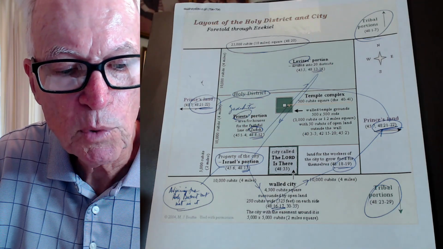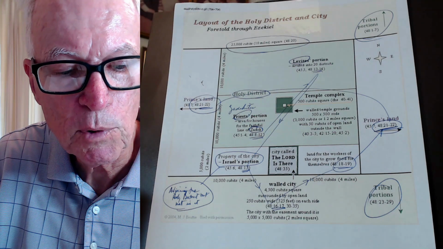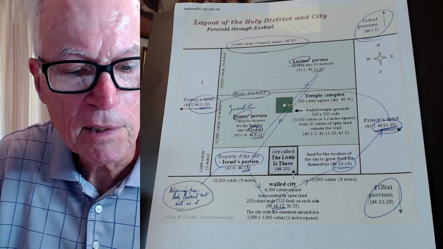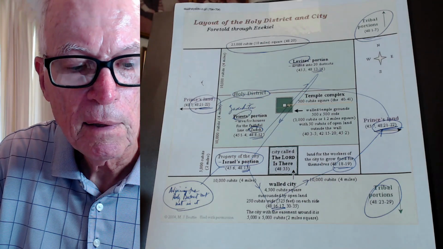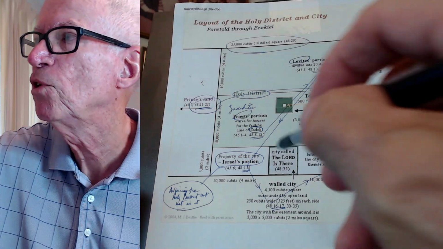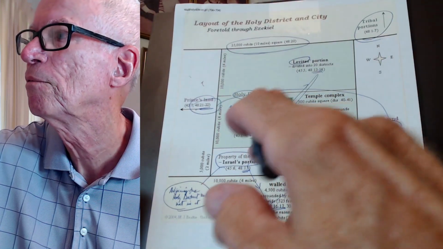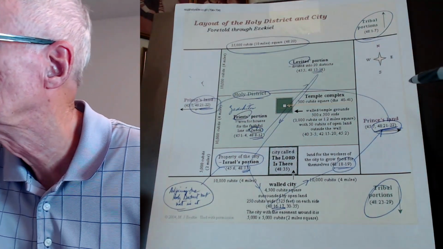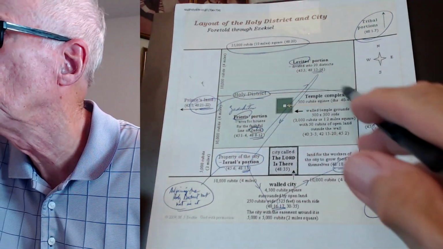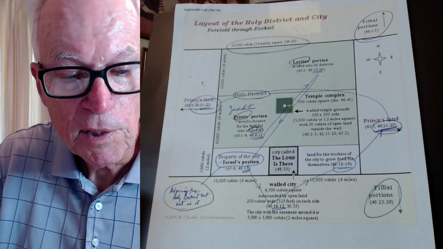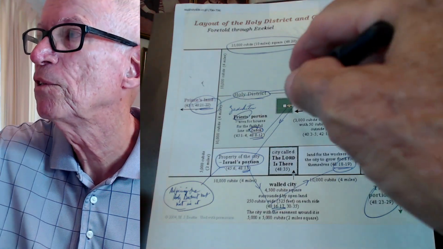It will be 25,000 by 10,000 cubits: 10,000 cubits wide on the west, 10,000 cubits wide on the east, 25,000 cubits long on the south. So a portion of this land goes to the priests. I think it's right here. I never did quite figure out if it was, I think this whole section right here is for the priests. In the center of it will be the sanctuary, so there's the sanctuary.